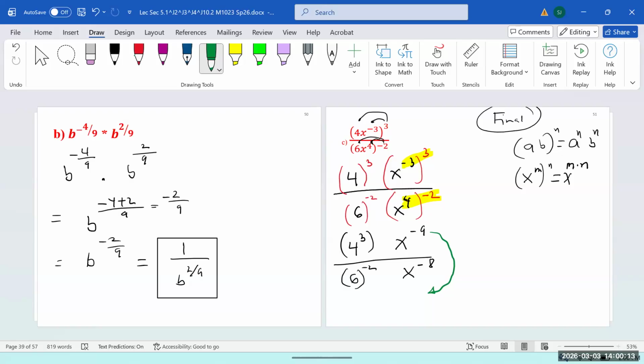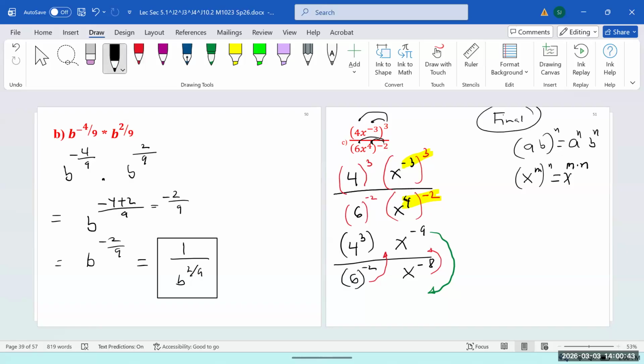We have negative 8 here. Move it up. This negative 8 will turn into a positive 8 power. This 6 has a negative problem. So move it up. It will turn into a positive 2 power. Now 4 with the cube. Does it have a problem? If you don't have a problem, you stay the same. If you do have a problem, you go to the other place.